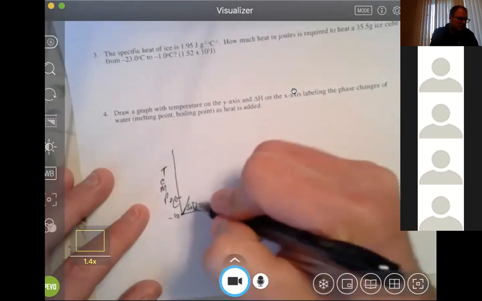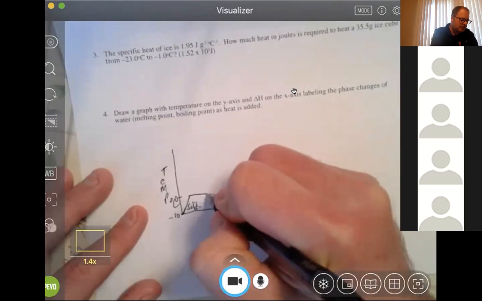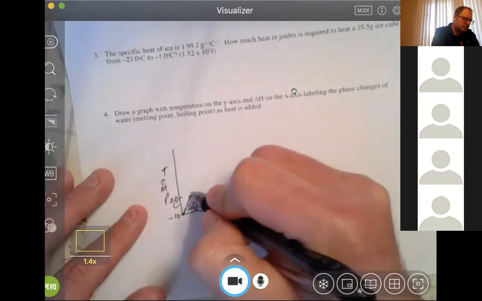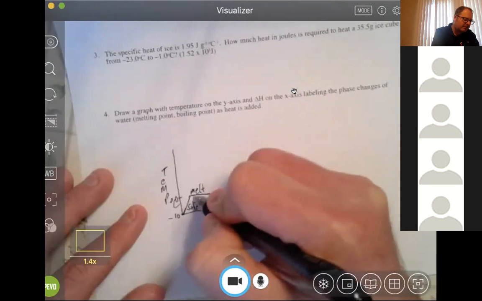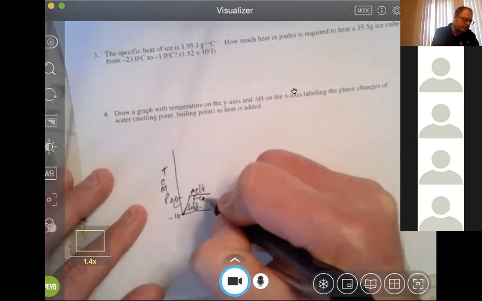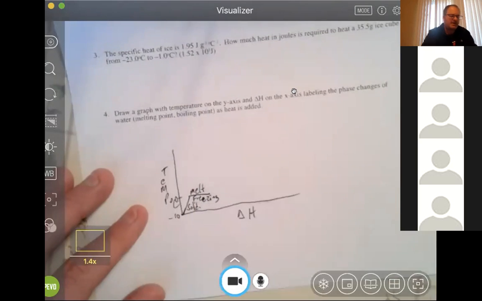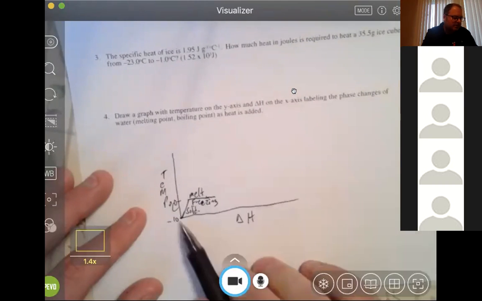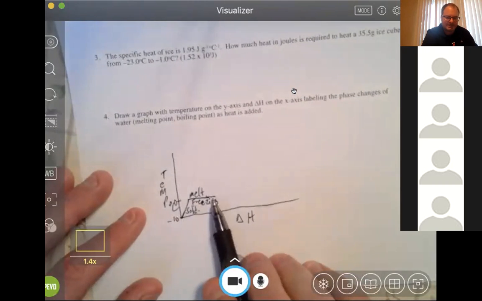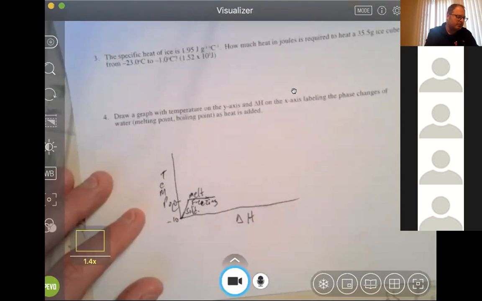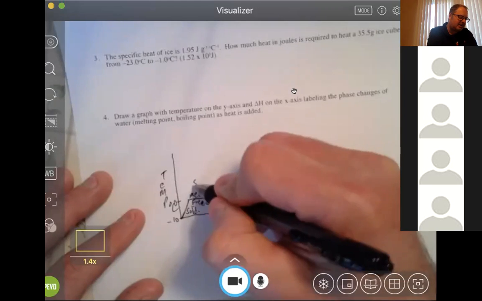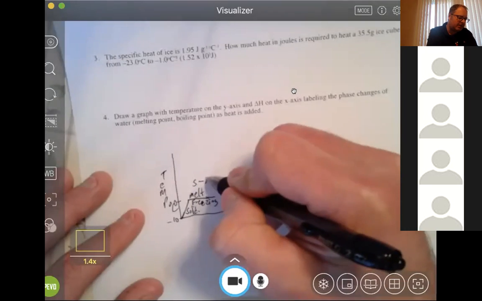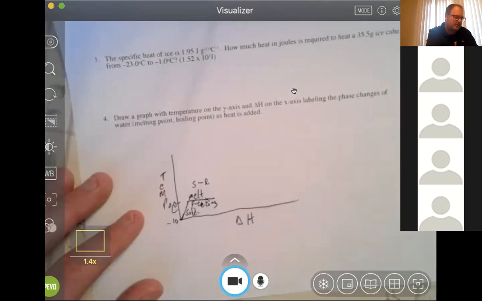Here, that is melting or freezing. Notice again, there's no temperature change there. The temperature remains at 0 degrees Celsius. Here you would have solid and liquid on that line.